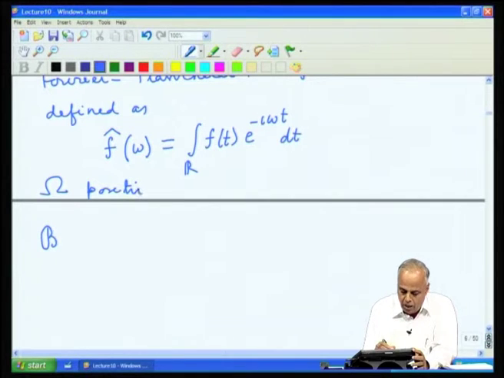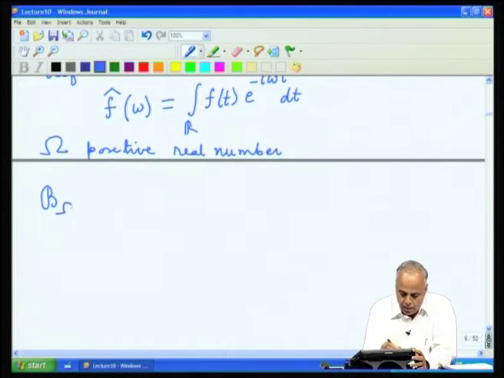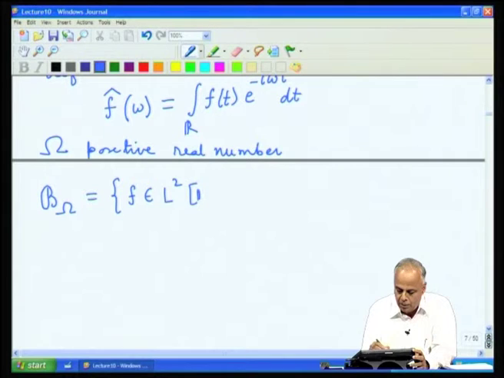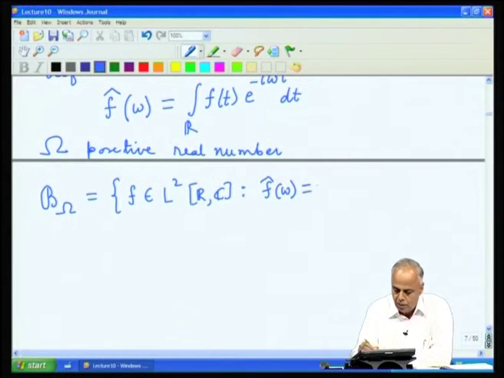So, let omega be a positive real number, and look at B omega, which is all those functions in L2 of R, or C. So, we are looking not at all the functions in L2, but at all those functions in L2 for which the Fourier transform is 0 for mod omega greater than or equal to omega.